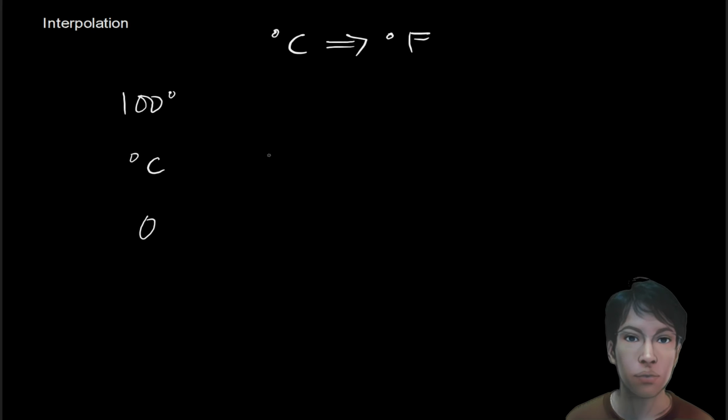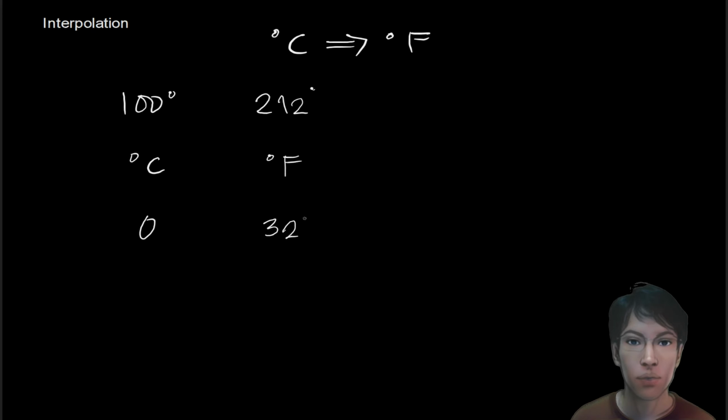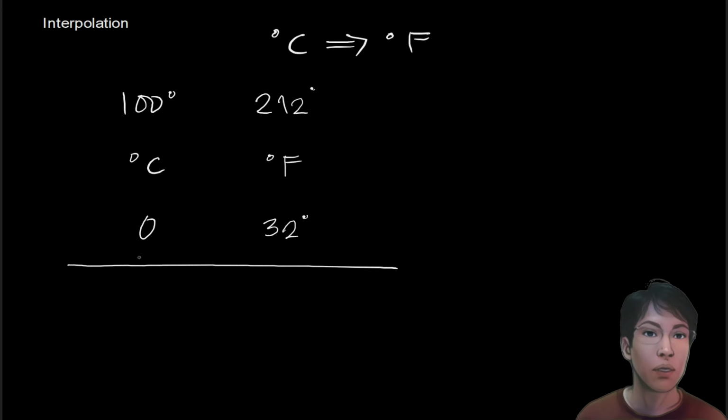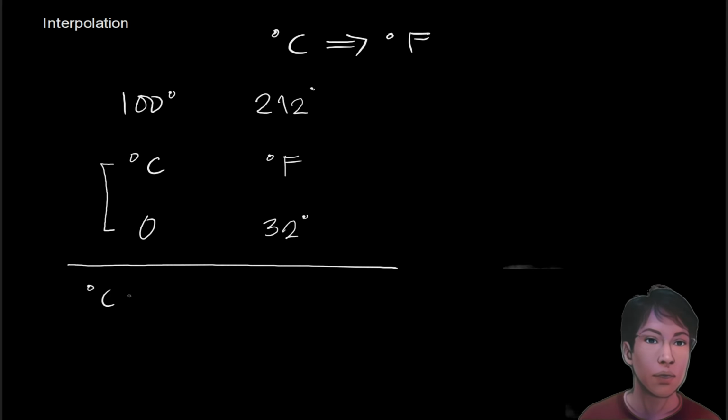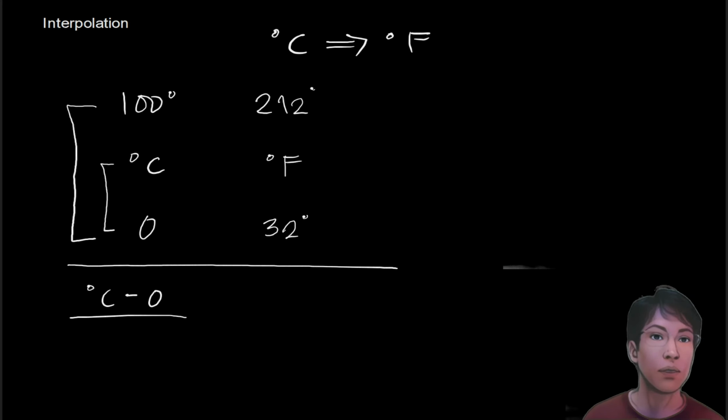For degree F, the boiling point of water is 212 degrees Fahrenheit and the freezing point is 32 degrees. So if I were to do it like this, I get the difference of degree C minus 0 divided by this one.